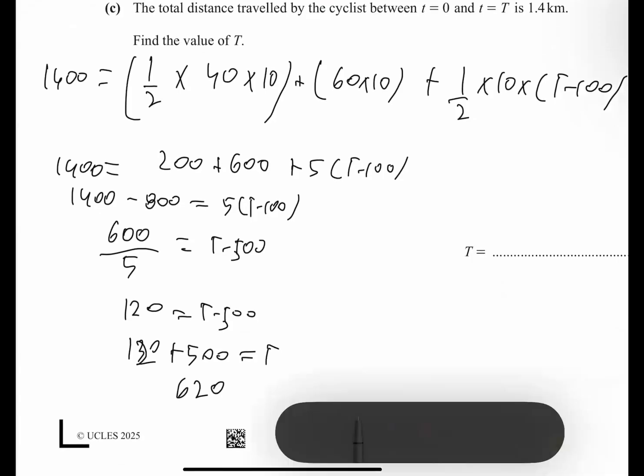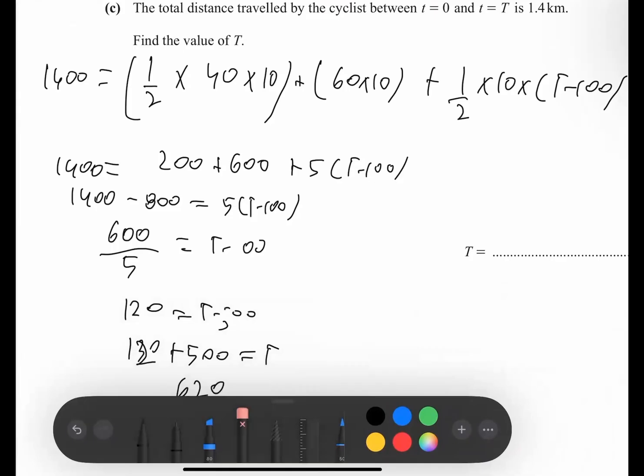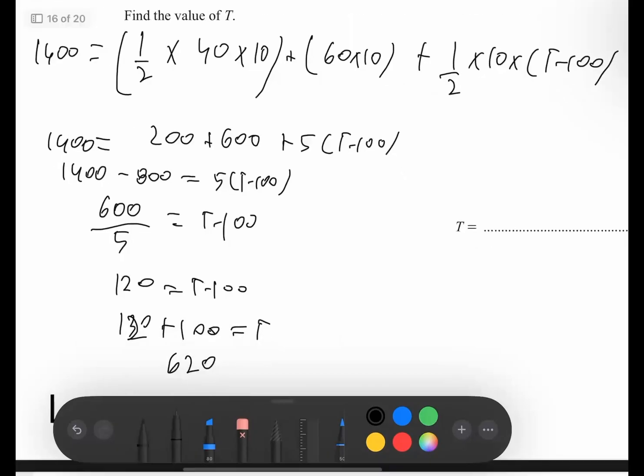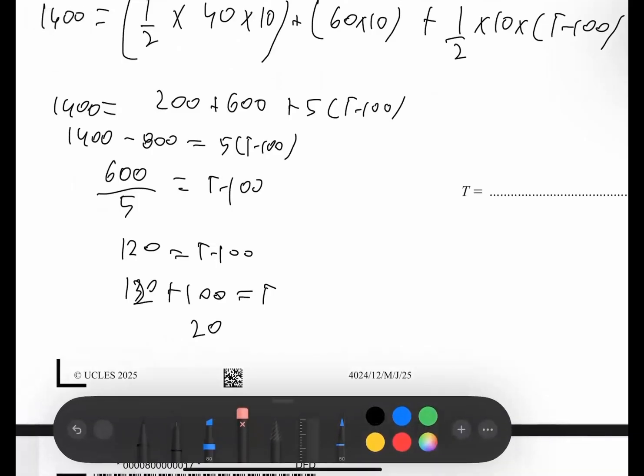Ah, I accidentally wrote this as 500. This is 100. And then when I take 100 to the other side, it would be 220. So sorry for that.